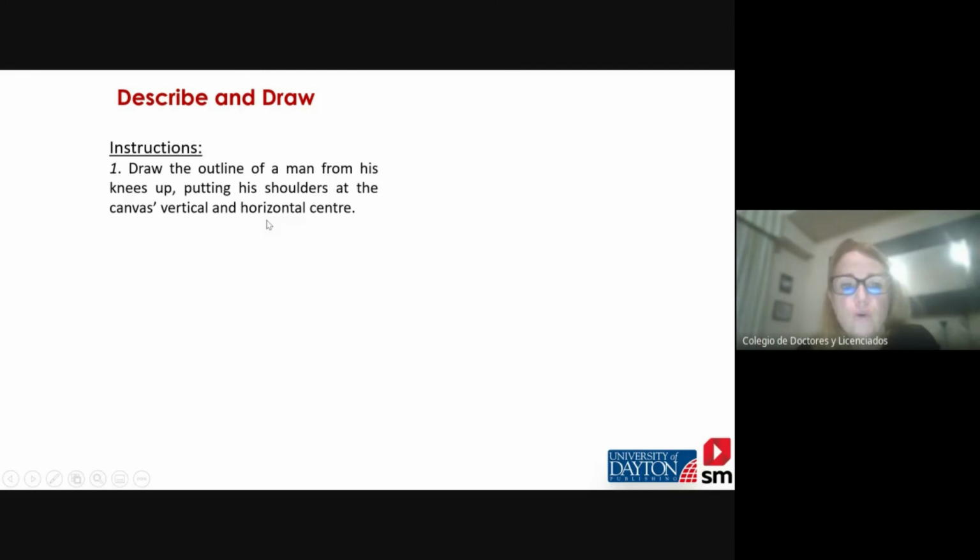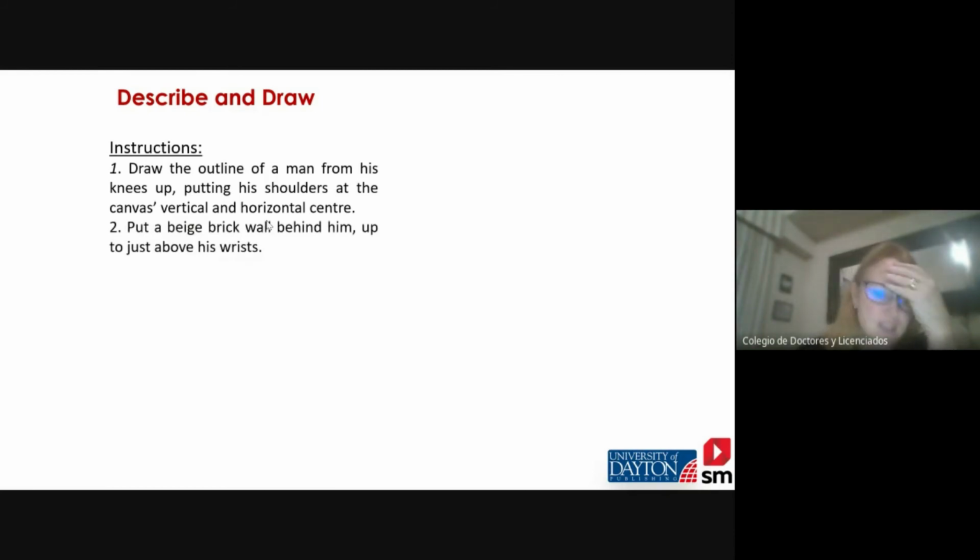Draw the outline of a man from his knees up, putting his shoulders at the canvas's vertical and horizontal center. Put a beige brick wall behind him, up to just above his wrists.